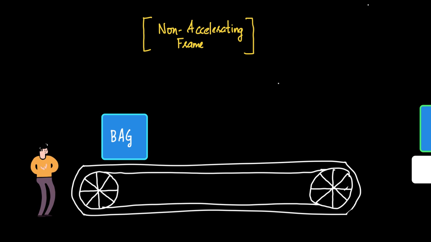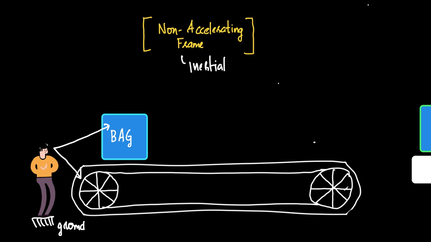Okay, so sorry for the delay. Now what we'll do is we'll try to understand the non-accelerating frame, or the inertial frame. So what's happening here? A person is standing on the ground, and what is he observing? He's observing two objects, one which is the bag and the other which is the conveyor belt.